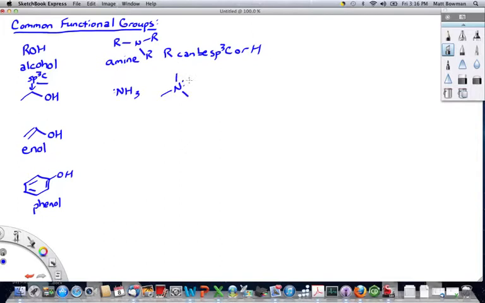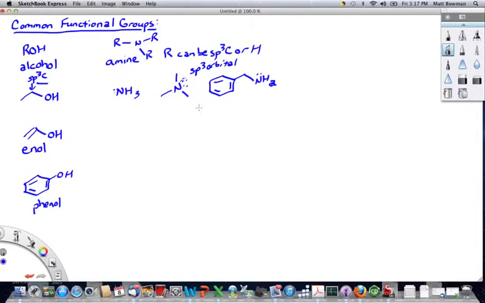Here we have trimethylamine. Here we have benzylamine. Sorry, that should be an NH2. All of them are nitrogens bonded to only sp3 carbons or hydrogen. They're characterized by the lone pair also being in an sp3 orbital.